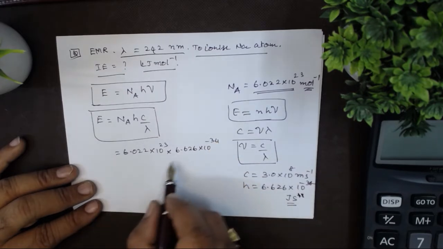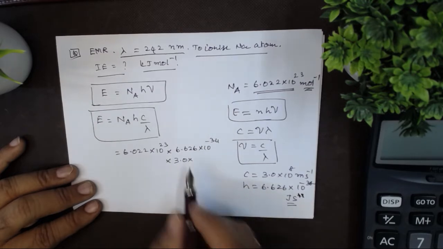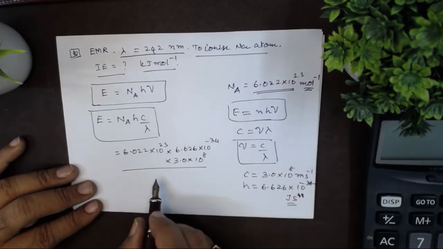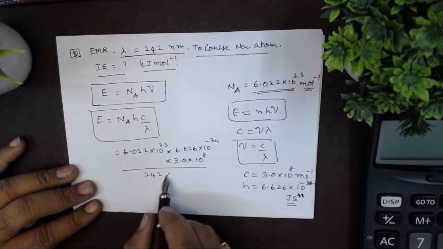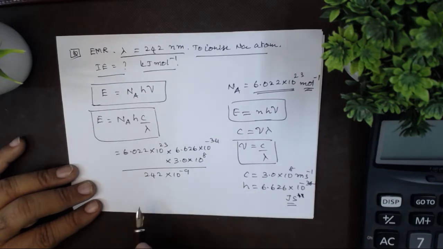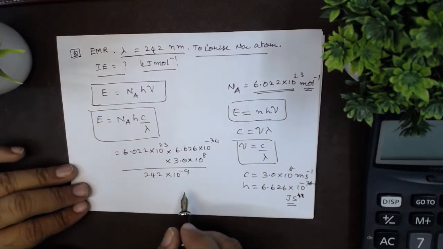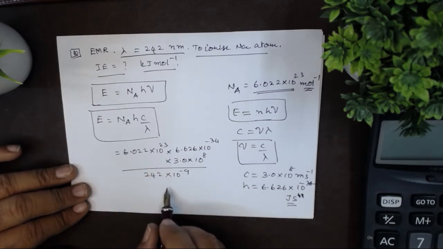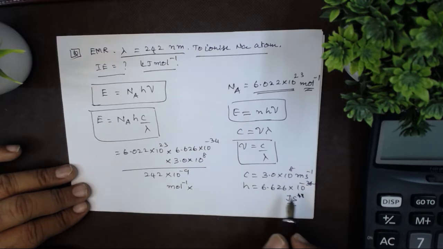Now, the constant value of c is 3.0 into 10 power 8 meter per second, divided by lambda, which is given as 242 nanometer. So 242 into 10 power minus 9 meter. These are all the input values. You should have a good practice of working out the units also. 6.022 has no unit, it is after all per mole. 6.626 into 10 power minus 34 is in joule second.